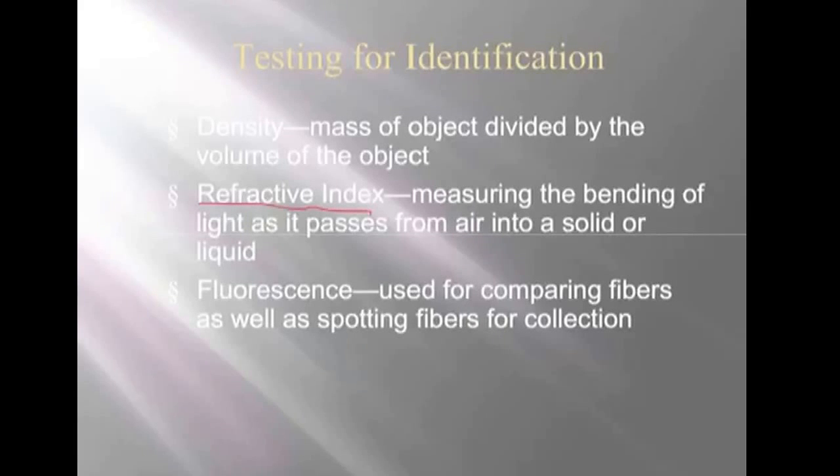So this is measuring how light moves through the substance, and you can measure this on the solid fabric. You can also, if it's possible to cause it to disassociate, you can look at it in solution, things like that. Fluorescence also is when you treat the fabric with different types of light and see how that light reacts with the fabric.